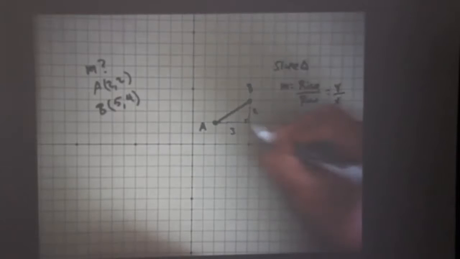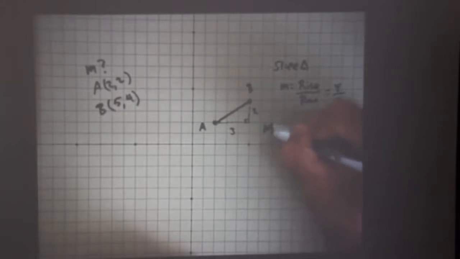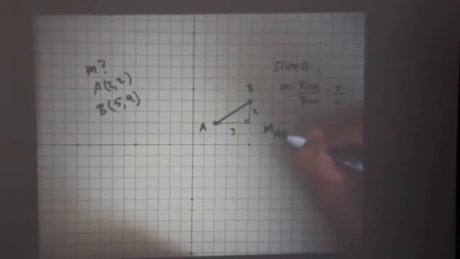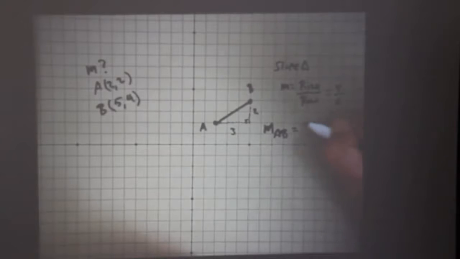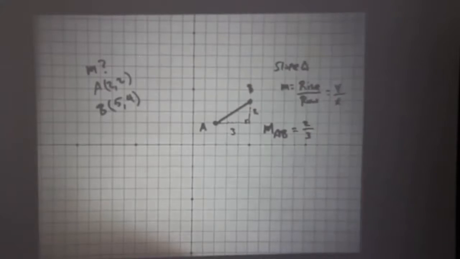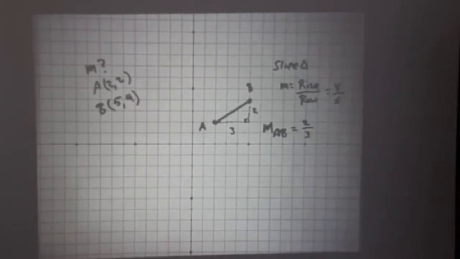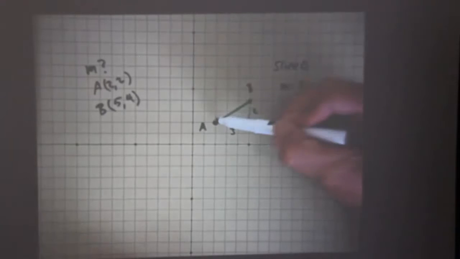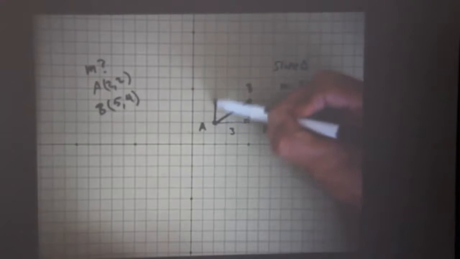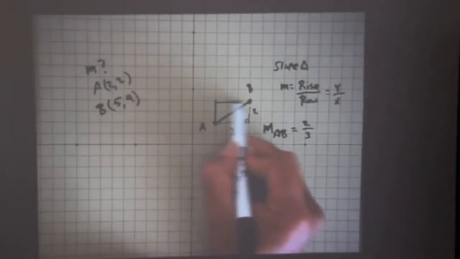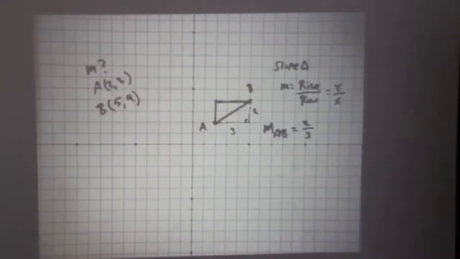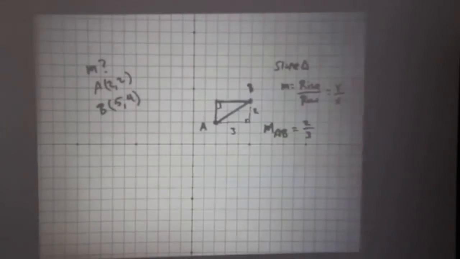So the slope of AB is equal to 2/3. It's 2 rises for every 3 runs. 2 to 3. We could just as easily have built our slope triangle this way, on this side of the line segment. It doesn't matter as long as you have a right triangle that has a slope triangle to it.